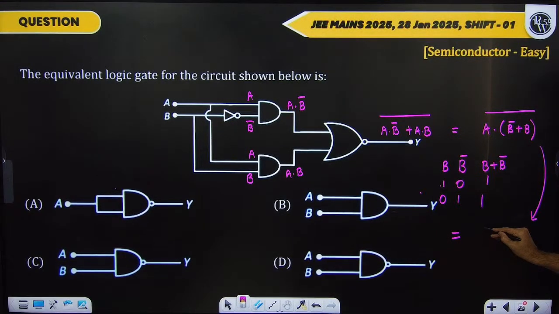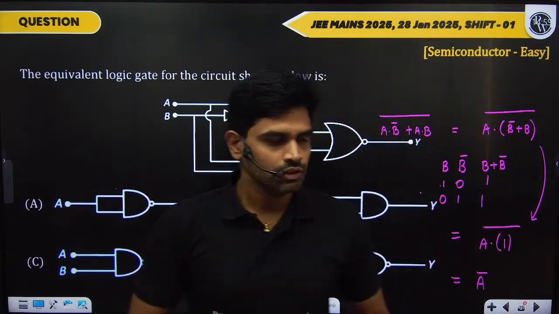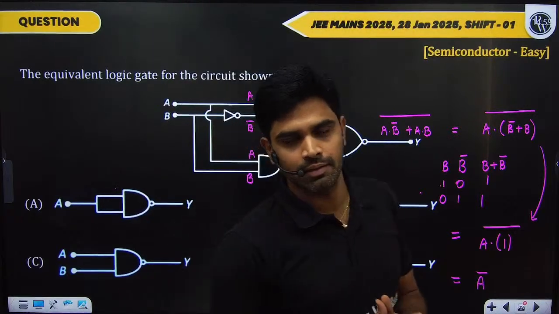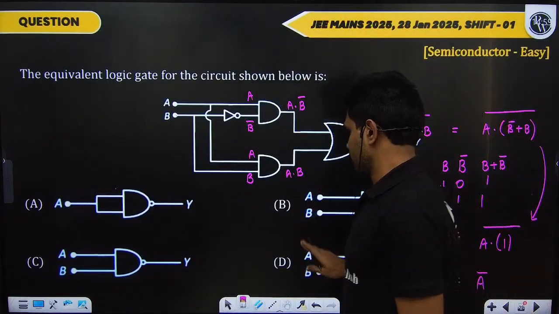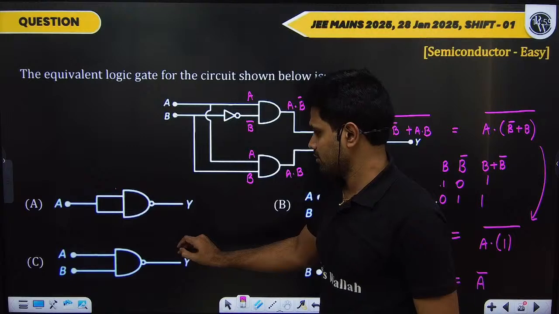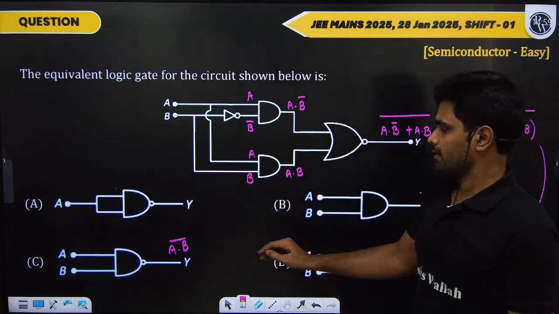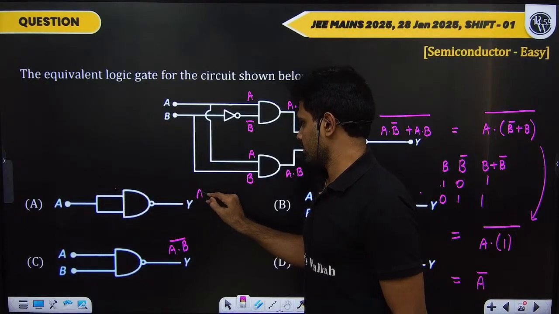This boils down to A dot 1, which is A only. Ultimately, we should get A bar. Well, the answer should be A bar. If you see, this is an AND gate.